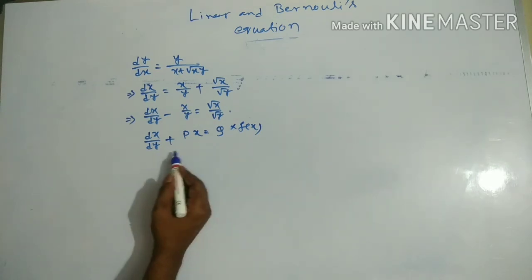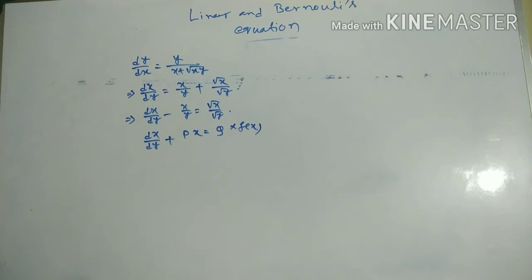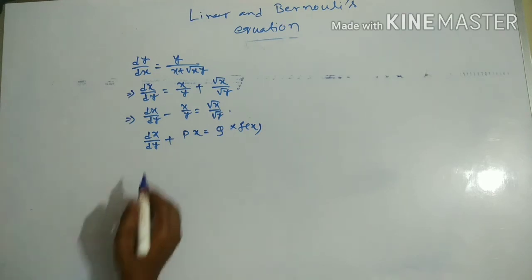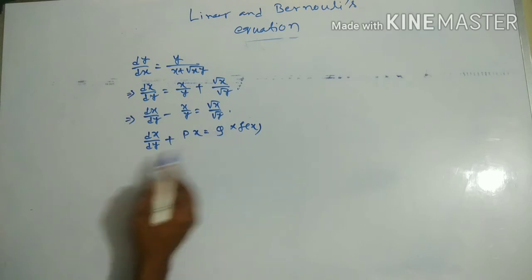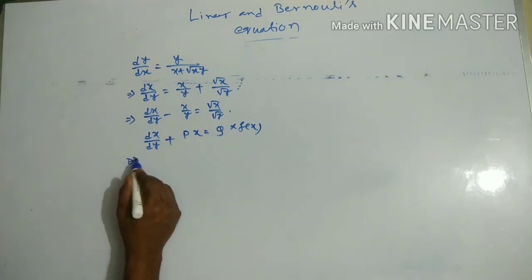So we have to divide the equation by f(x), that is root x, to convert this Bernoulli's equation into a linear equation. So we are dividing by root x.